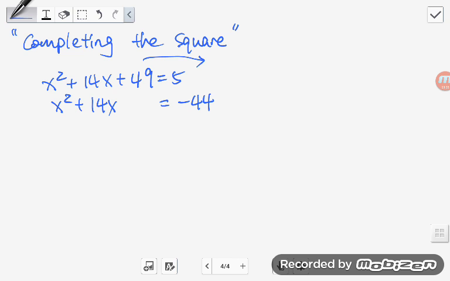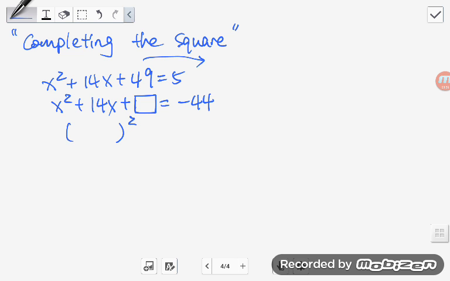All right, so what do I do next? I have to think about what I add in this box so that I can make this into something squared.